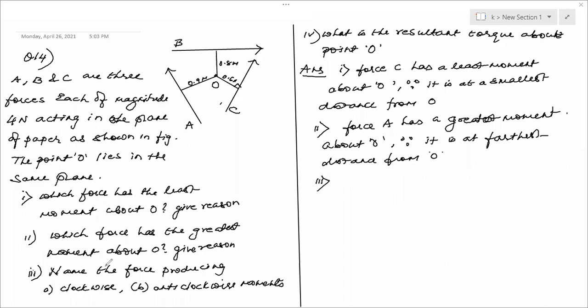Now let's see the third one. Name the forces producing clockwise and anti-clockwise moments.